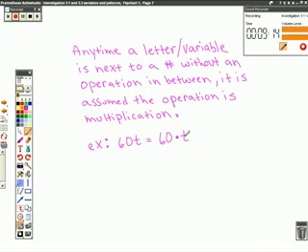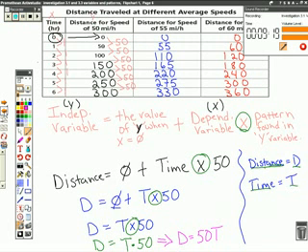Now, one little note that I want to put on here, and that is, you notice that I switched the order. I put the number first and then the letter. That is actually the standard way that they like to do it.